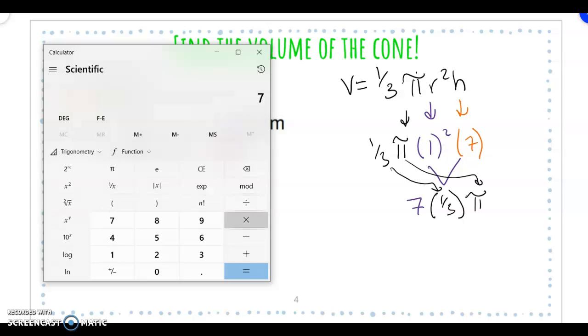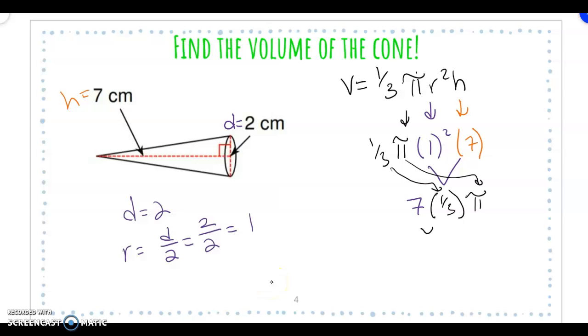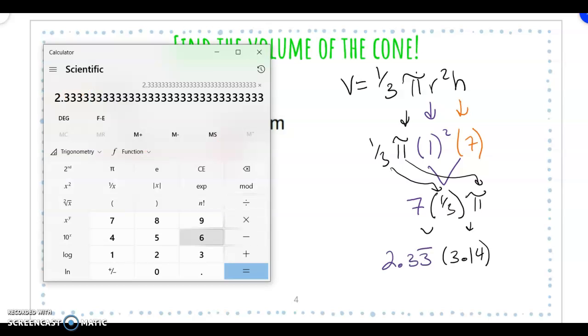So 7 times 1/3 is going to give me 2.333, or essentially 7 divided by 3, which is going to give me 2.33 continuing, and I'm going to multiply that by 3.14 because that's what my pi is. So I'm going to leave it like that and hit multiply 3.14, and I'm going to get 7.326 all the way continuing.